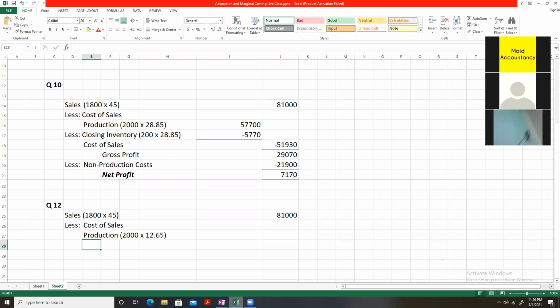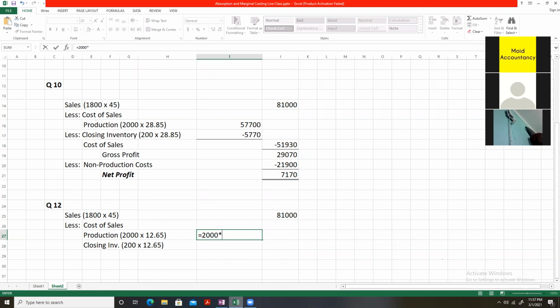And the closing inventory: 200 units were left in the closing inventory, and each unit will be valued at 12.65. So what we will get is minus 200 multiplied by 12.65.